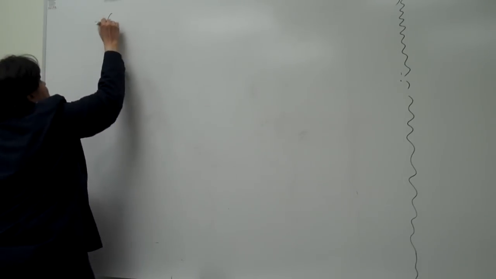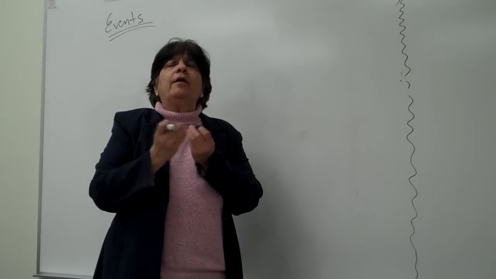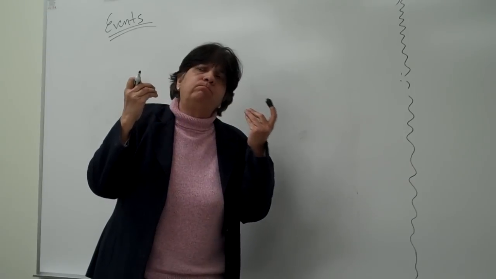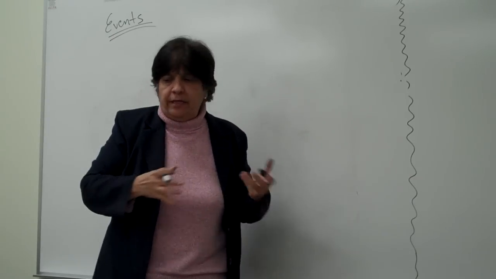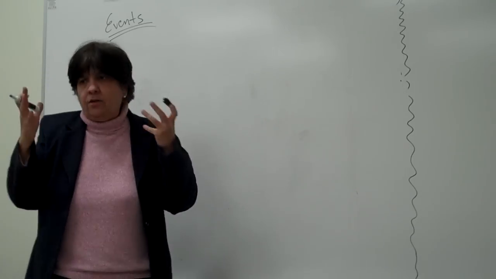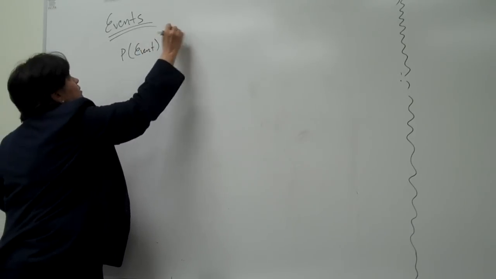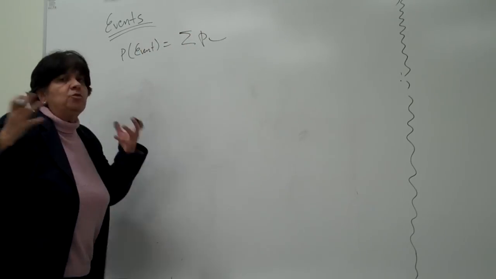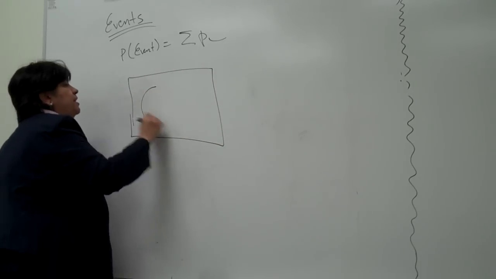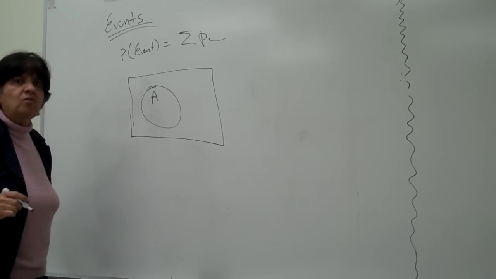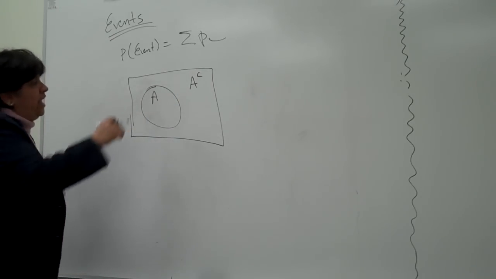Events and probabilities. What is an event? An event is a set of sample points, and the probability of the event is equal to the summation of the probability of each one of the outcomes. Now, this is the Venn diagram, and we have the event A. What is not A is called the complement.